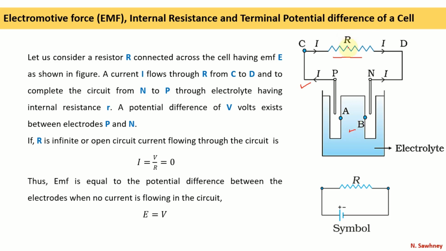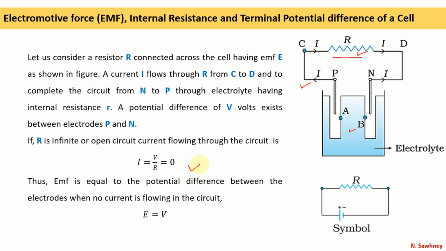If this resistance is a finite value, what will be the value of the current? If this resistance is infinite, or open circuit, then the value of the current will be different. So let us understand that. If this resistance is infinite or open circuit, the current flowing through the circuit will be 0.